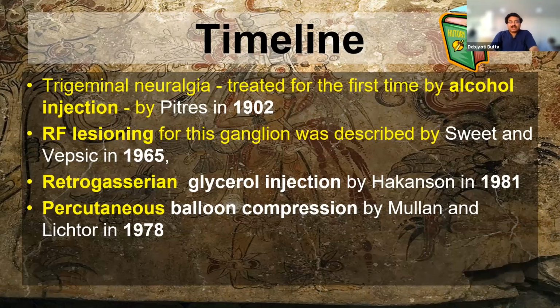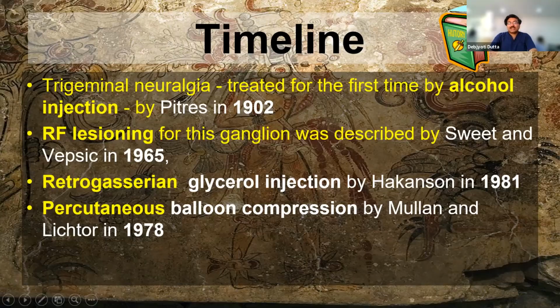The next greater achievement, a technique we still practice a lot today, is radiofrequency lesioning of the Gasserian ganglion, first described by Sweet and Wepsic in 1965. Retrogasserian injection of glycerol was first invented by Hakanson in 1981, and percutaneous balloon compression was first invented by Mullan and Lichtor in 1978. So that was all about the history of trigeminal neuralgia.